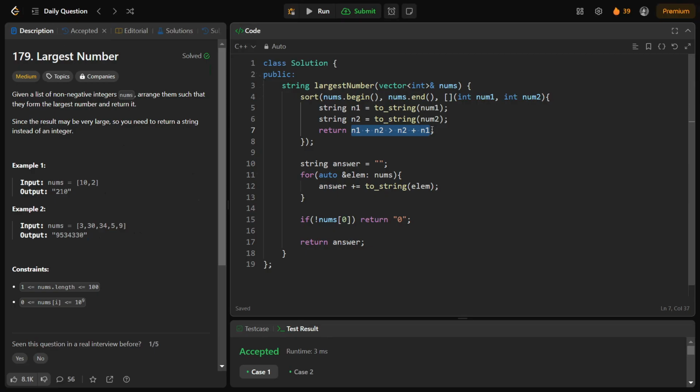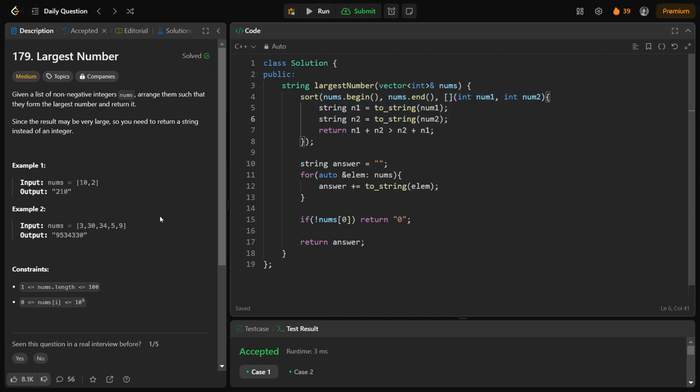And after concatenating them, you would do a lexicographical comparison of these two elements. Whichever is larger lexicographically, that is the number that should appear first: n1 should appear before n2 if this statement is true. Otherwise n2 should appear before n1. So that is how I am trying to order num1 and num2, and clearly that is as easy as it could be.